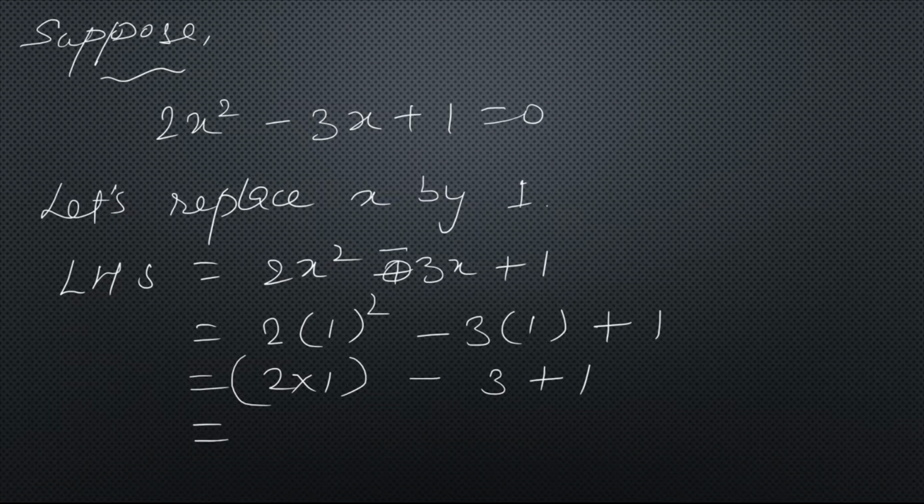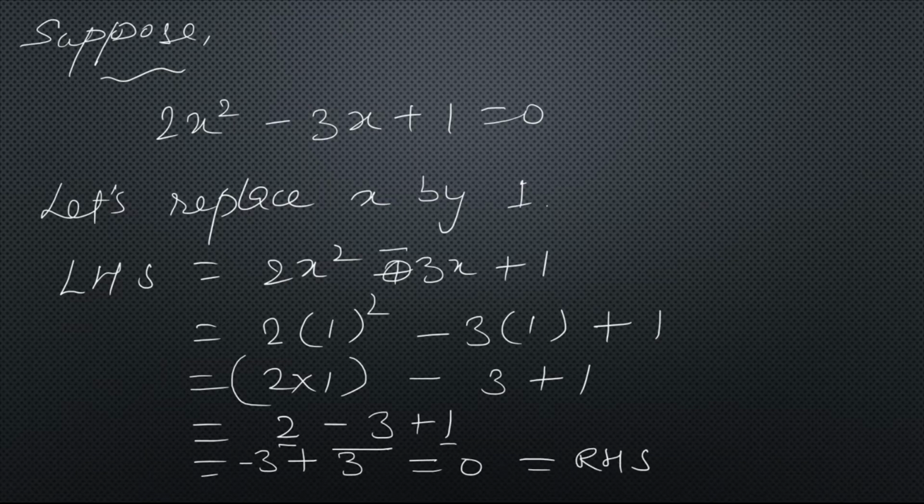Okay, so 2 minus 3 plus 1, this will become 2 plus 1 minus 3, which is equal to 0, which is equal to RHS. Okay, so what do you see? When we put 1 in place of x, this becomes 0, which is equal to RHS.